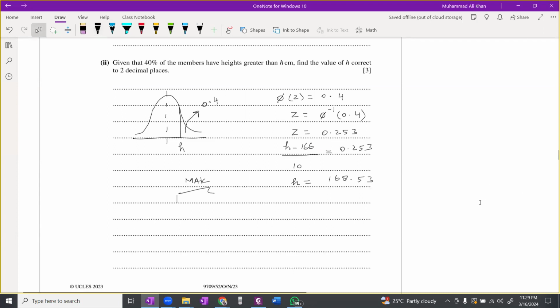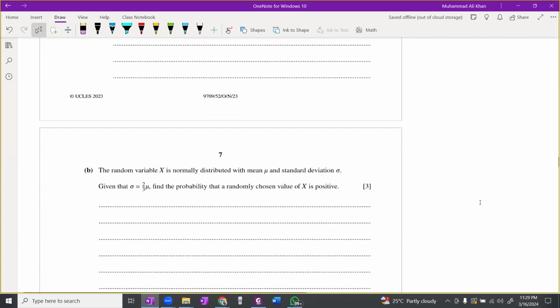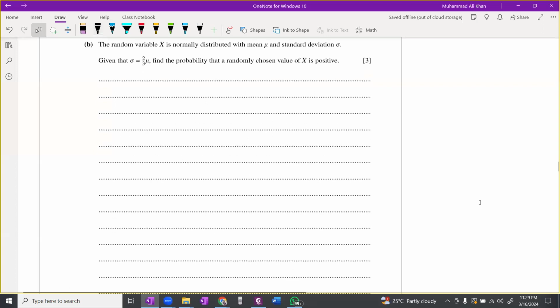Hopefully it is clear. Now, after that, in the B part, the random variable X is normally distributed with mean mu and standard deviation sigma. Given that sigma is 2 upon 3 times mu, find the probability that a randomly chosen value of X is positive. Means we have to calculate the probability of X greater than 0.